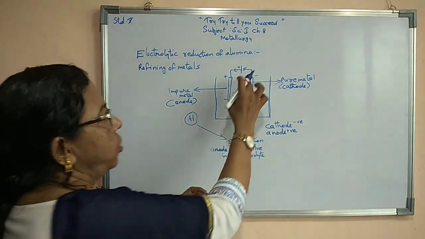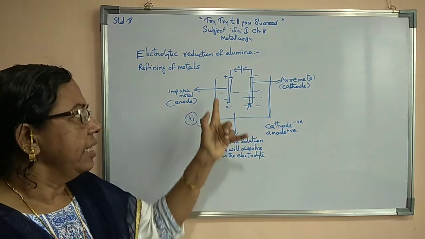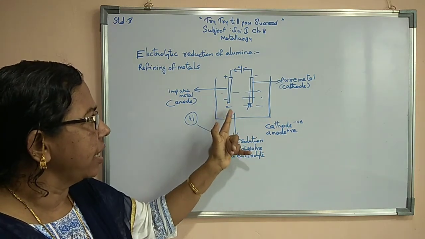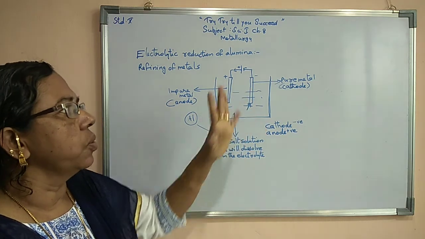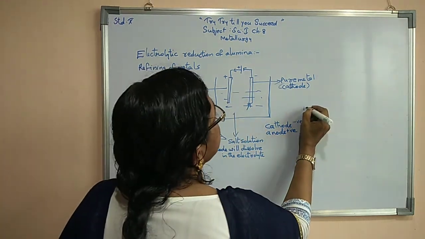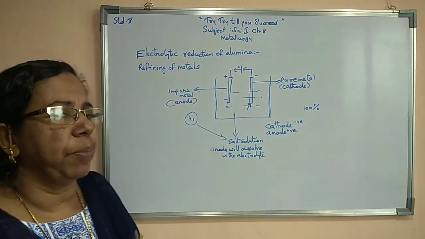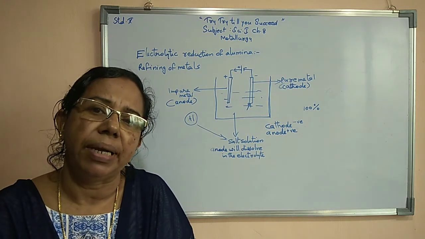On the cathode, the pure metal is already there. On that pure metal, the metallic particles coming from the anode will go and deposit. In such a way, 100% pure metal can be separated by refining of metals.